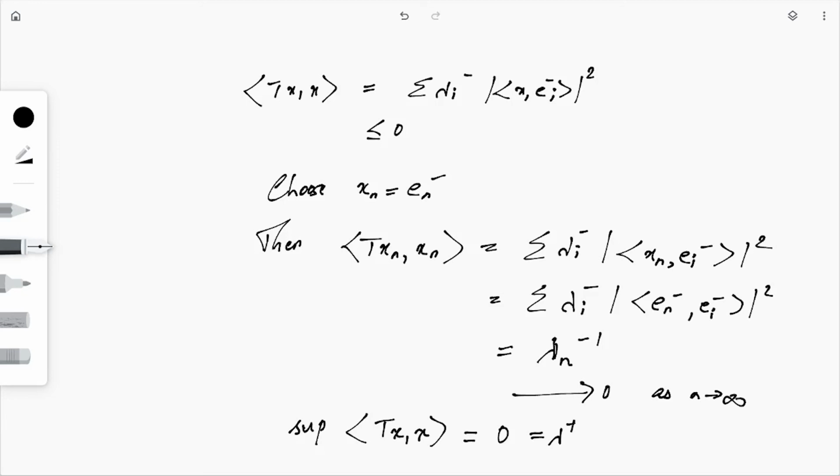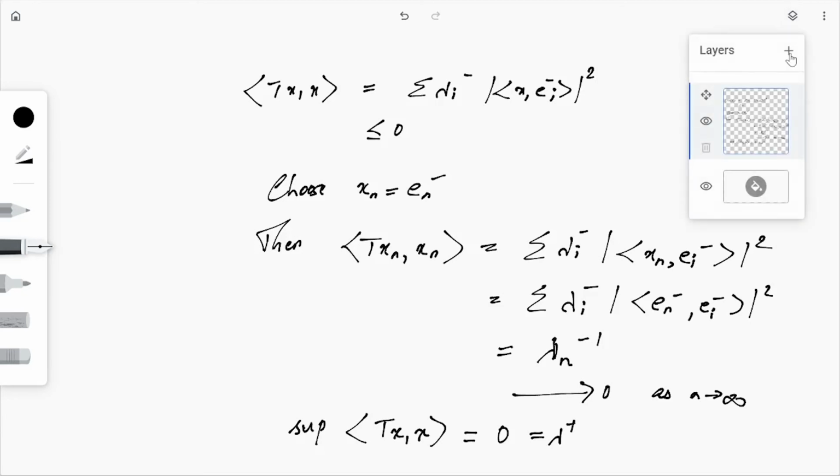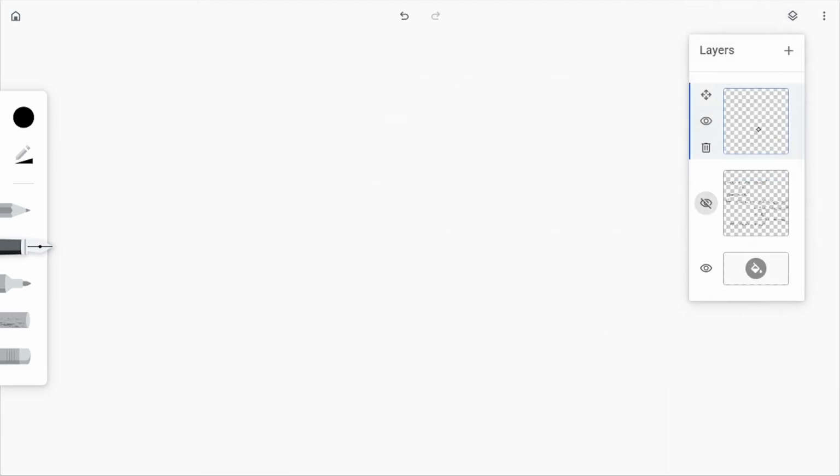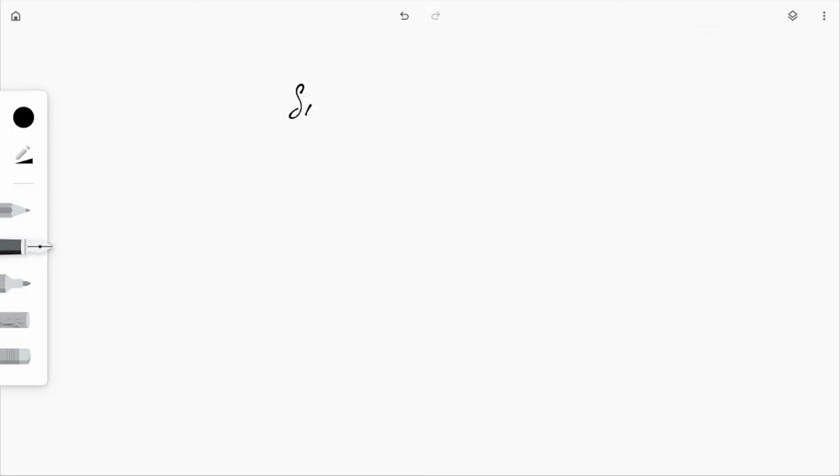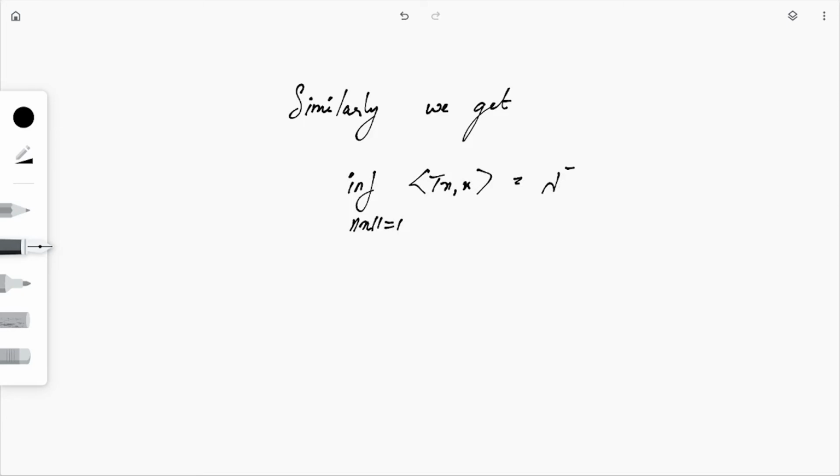In a similar manner, we get the infimum over norm x equal to 1 of the inner product Txx is equal to lambda minus.